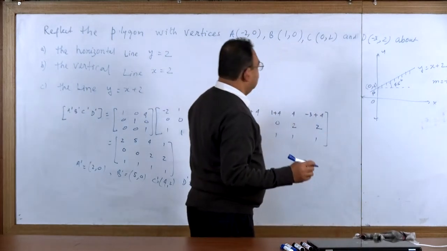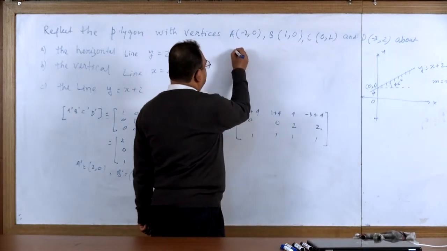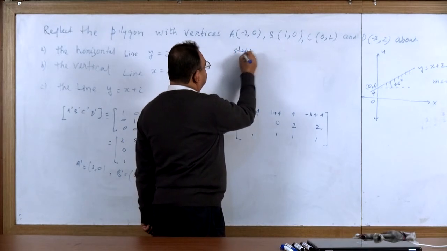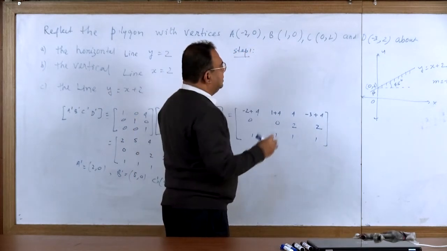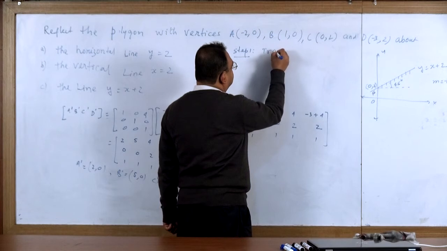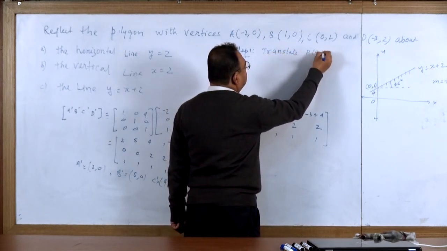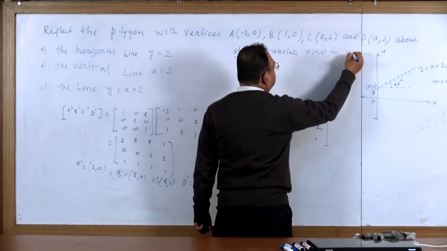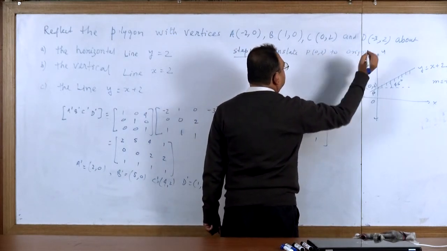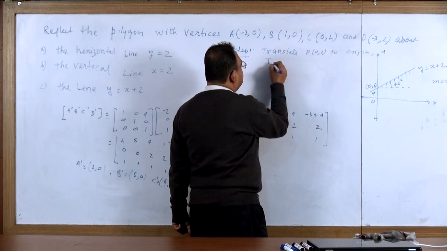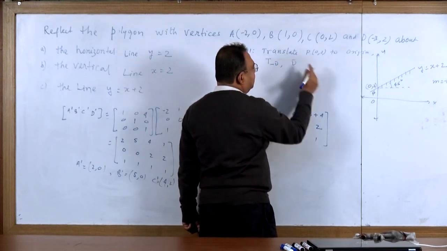So, in this case, step 1, translate P to origin. So, we are calling this T minus V, because what is V here?